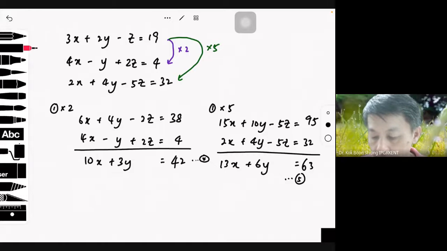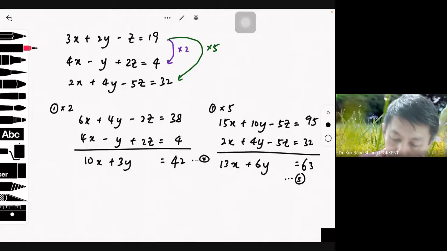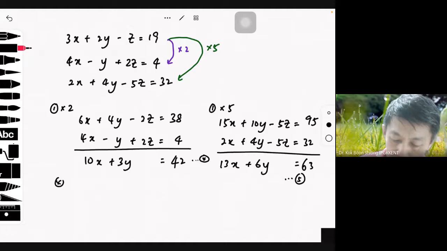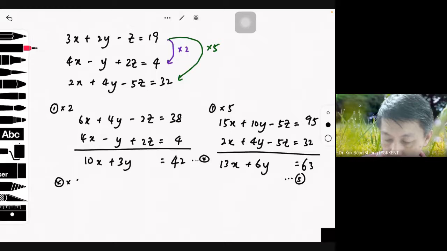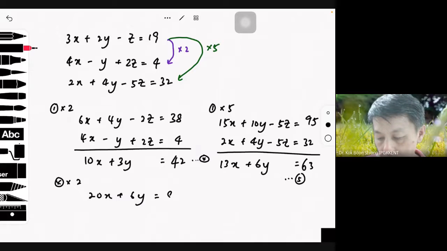Again, we use elimination. Let's say the fourth one we multiply by 2. So this becomes 20x plus 6y equals 84.